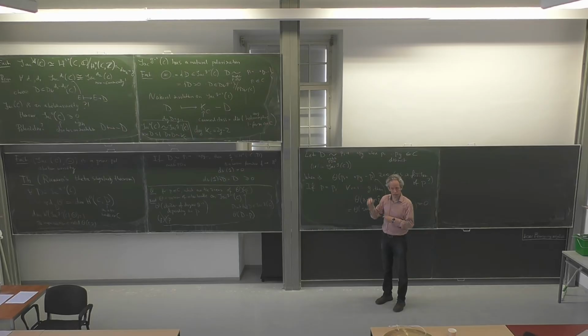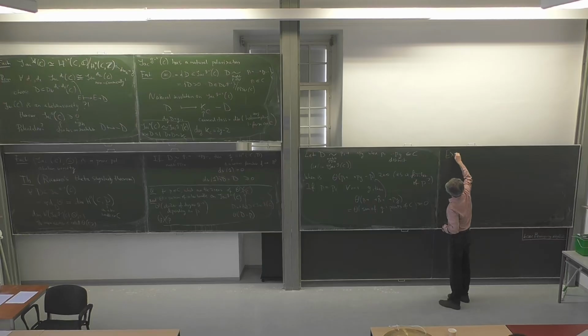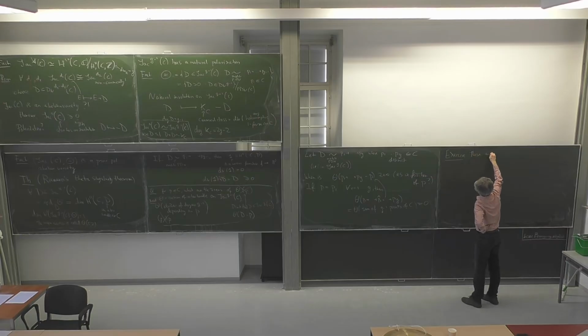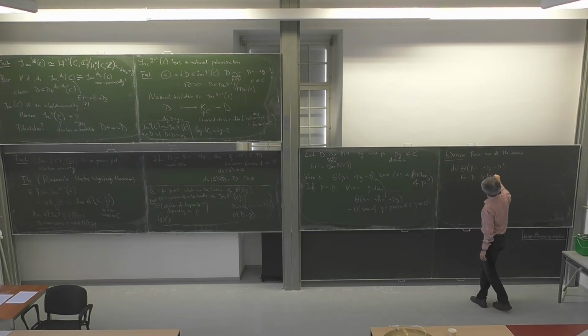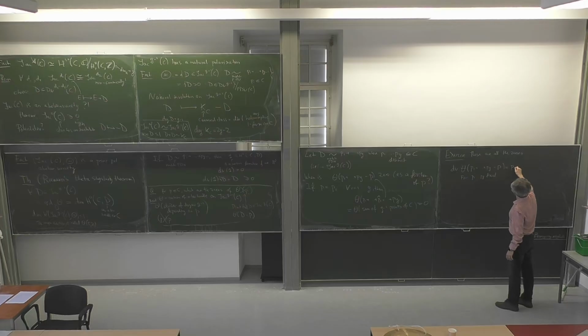If the points Pi collide, it will have zeros with higher multiplicity. Exercise. For this, you need to compute some degree of some line bundle. These are all the zeros. In the language we have developed today, this says a divisor of theta of P1 plus ... plus PG minus P, for P1, ..., PG fixed, is equal to P1 plus P2 plus ... plus PG.